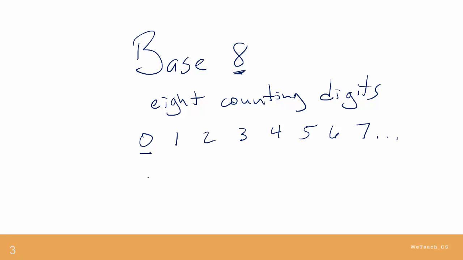The next thing to do is to think about the two-digit combinations needed after all of the single digits have been used up. Well, it's the same idea as we used in base 10, starting with 10 as the first combination. This is followed by 11, 12, and so on, all the way to 17.